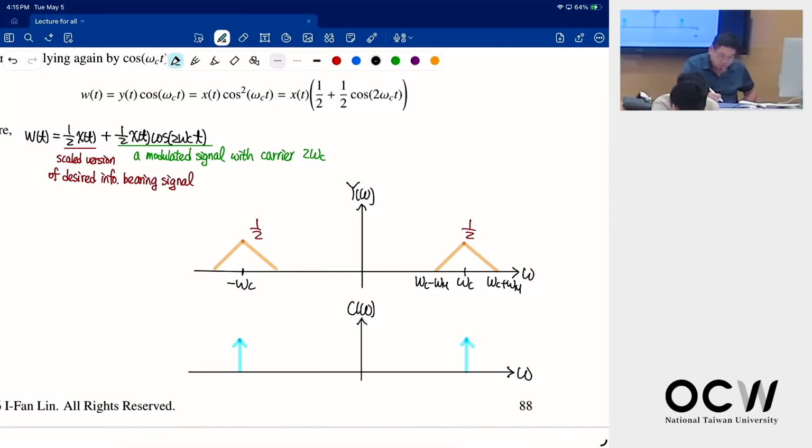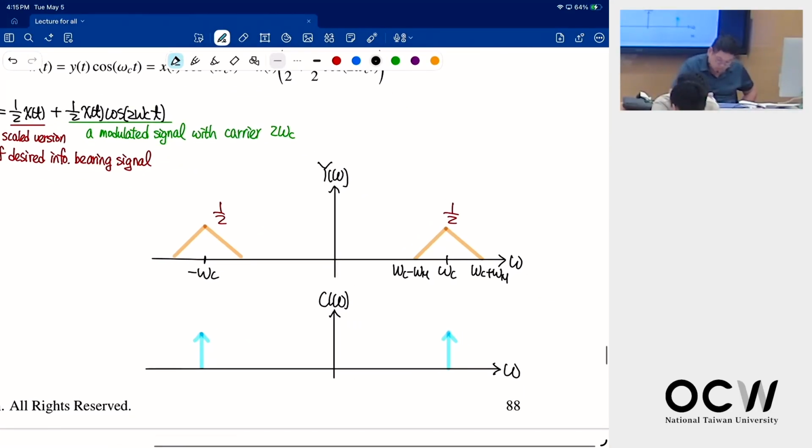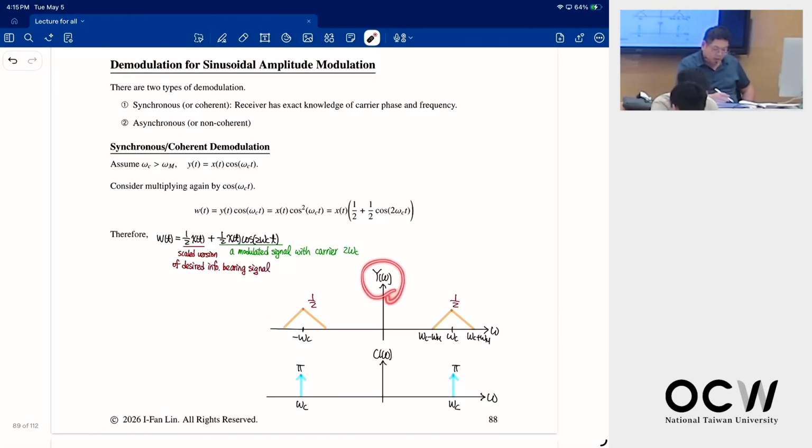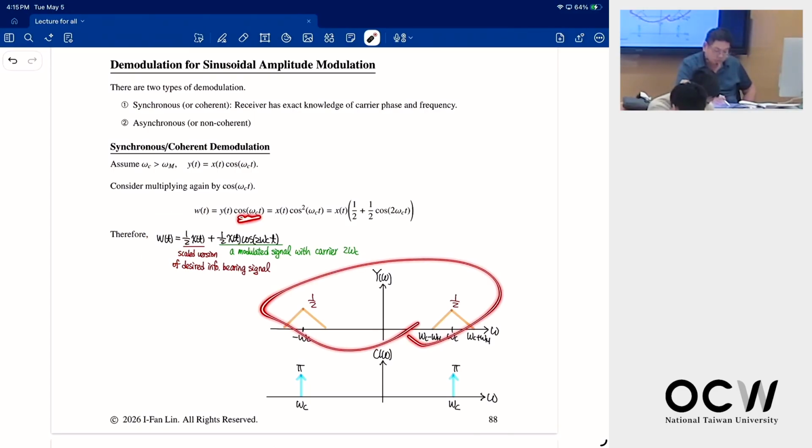And then here is omega c, and then pi, and pi. Right, this is y, but how about w? This signal is like this y, and I multiply by cosine again.